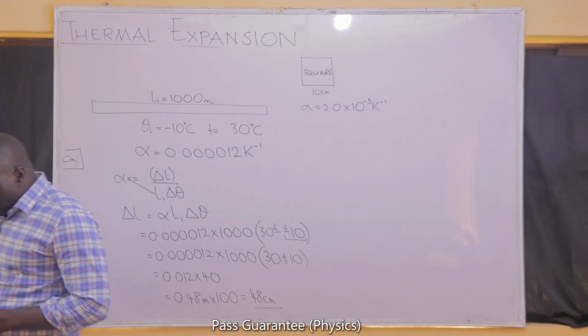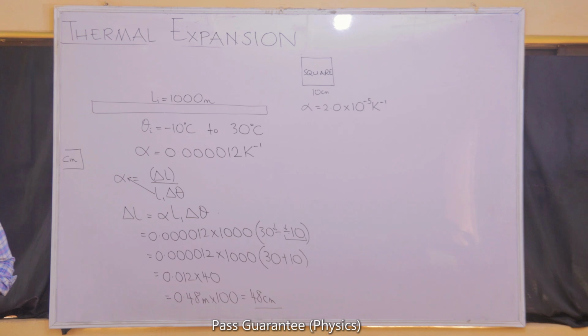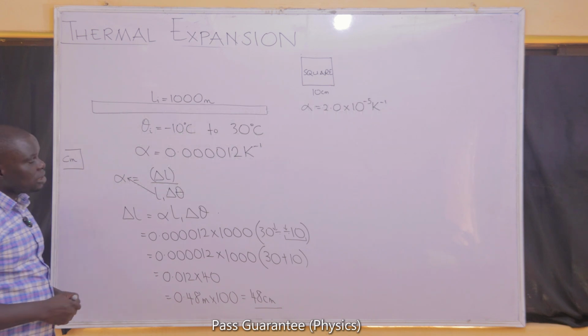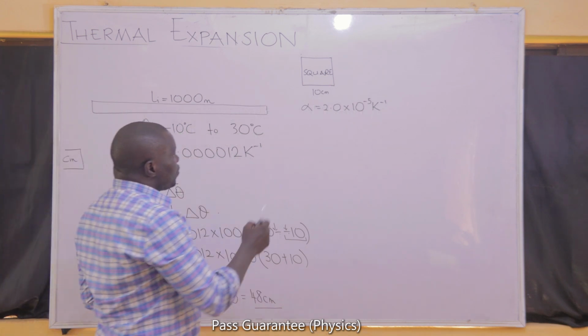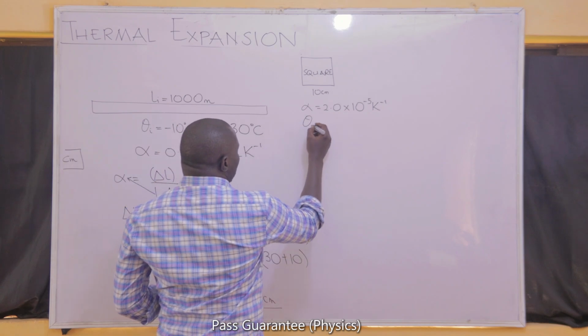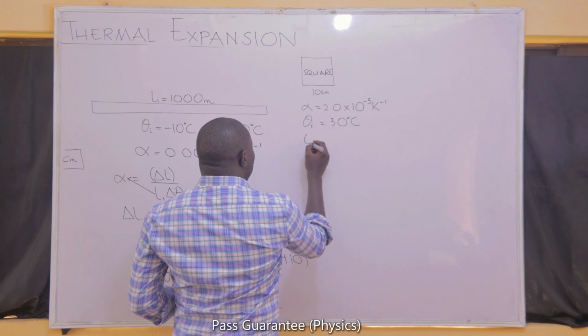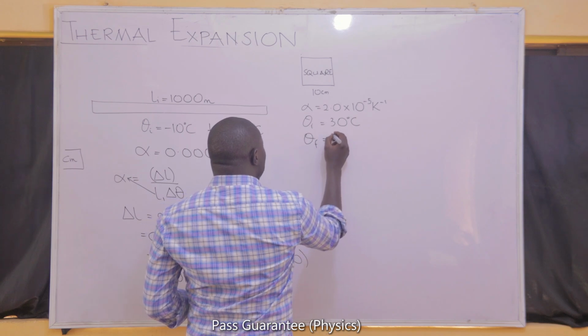We are also told that the plate is heated from 30 degrees Celsius to 100 degrees Celsius. What will be the area of one face of the plate? It is heated from an initial temperature of 30 degrees Celsius to a final temperature of 100 degrees Celsius.